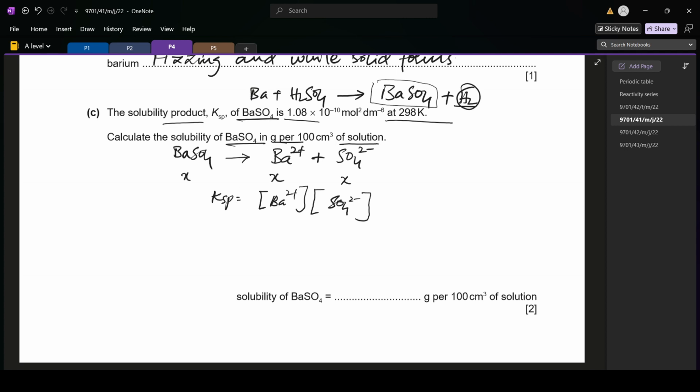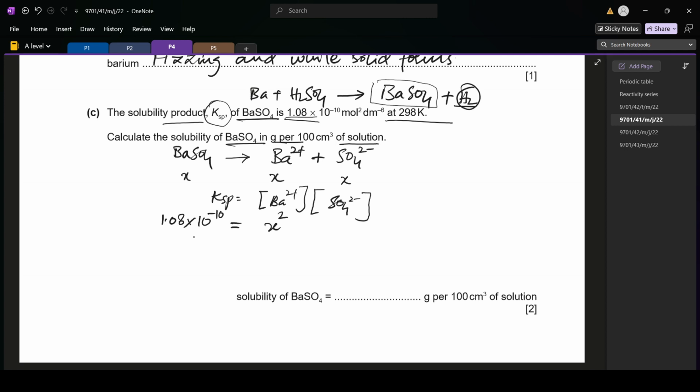And it has given you the value of Ksp, which is 1.08 × 10^-10. Okay, and if we consider the concentration of barium as x, this is going to be x squared.